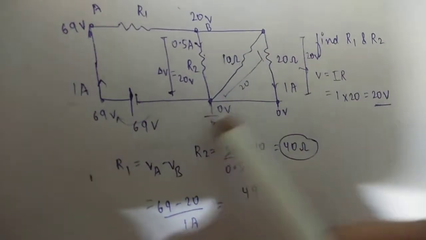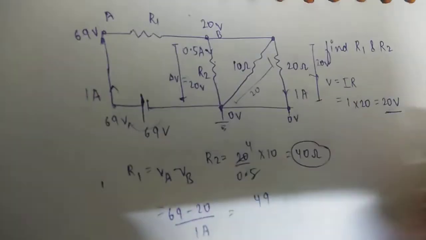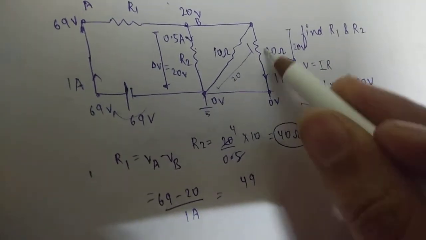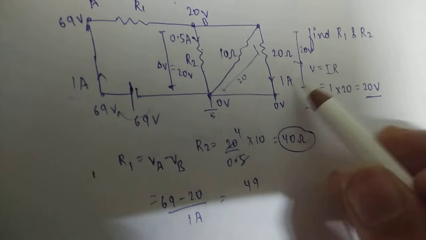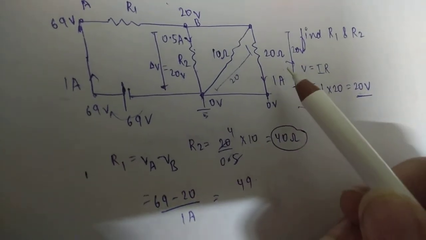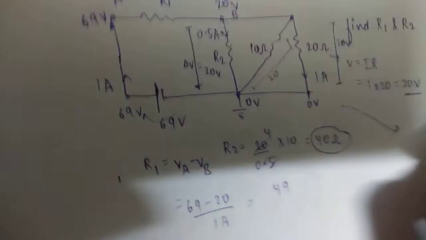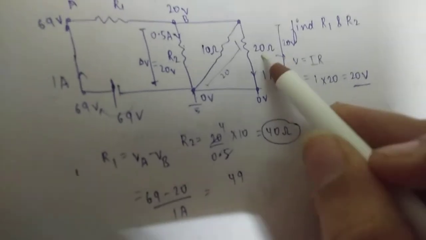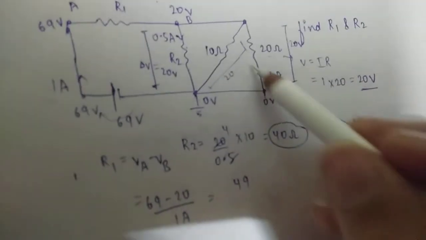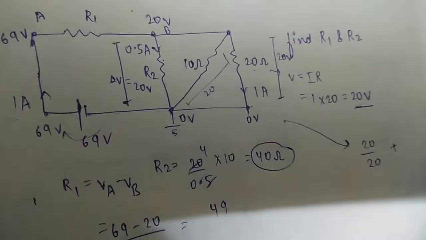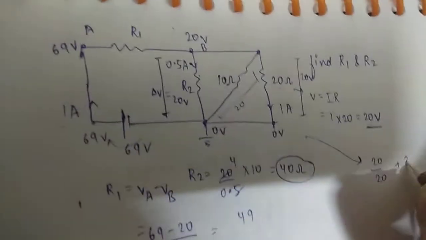And now I have to see all the current that is flowing through these circuits, so I would simply write here, the voltage is 20 and the current flowing through the circuit will be 20 by 20, because the potential difference here is 20 and the resistance is 20 ohm. And between these, 20 by 10.